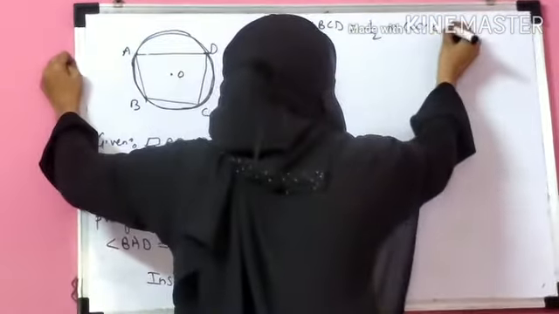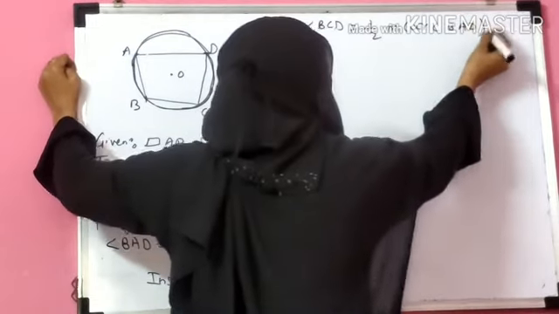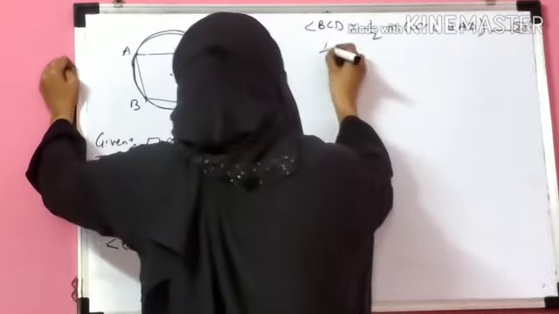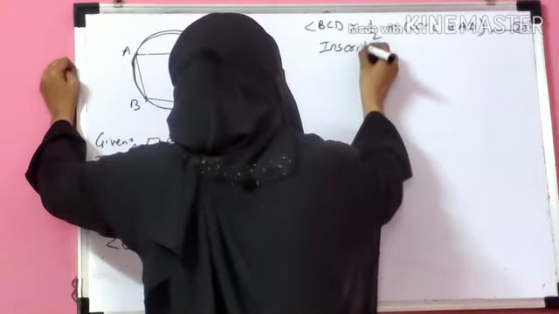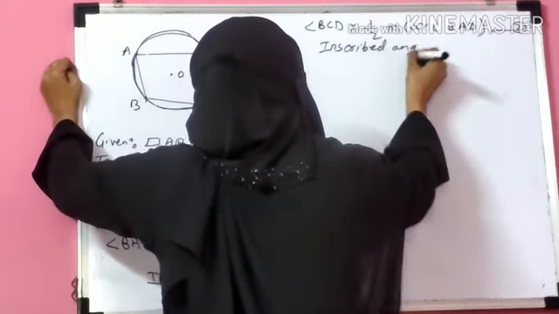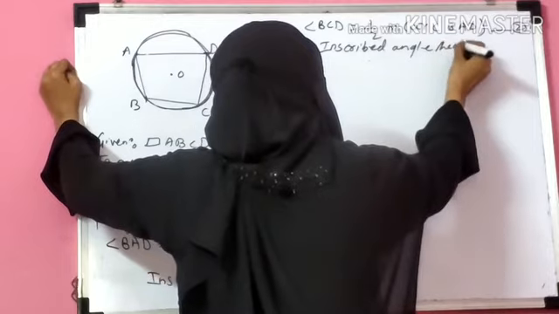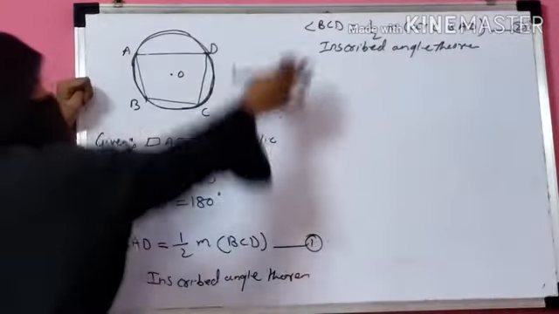Half of the measure of arc BAD. Give it number 2. Again it's the inscribed angle theorem.